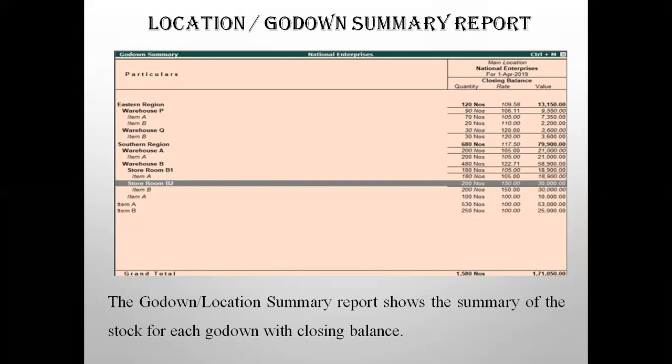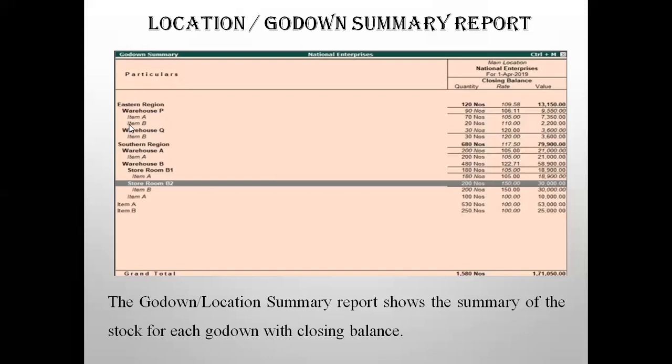By default, you get a consolidated view of the stock you have been maintaining in the godowns. It shows you the detail and the condensed format of the reports. If you see the condensed format, it will show you only these bold headings, and this is the detail format.